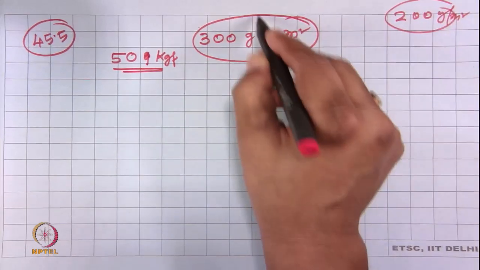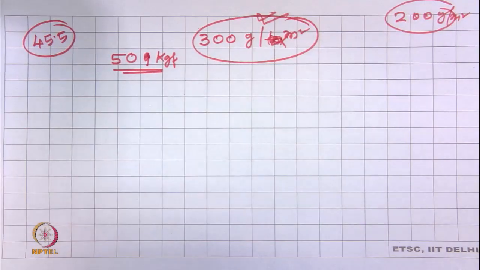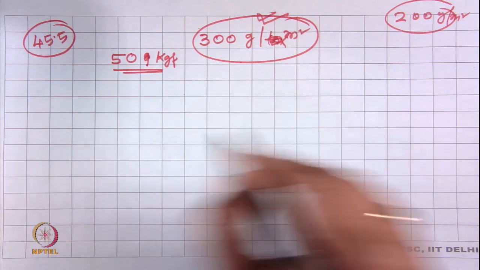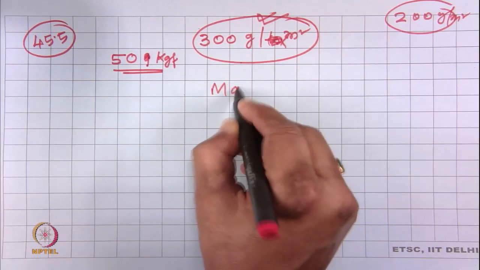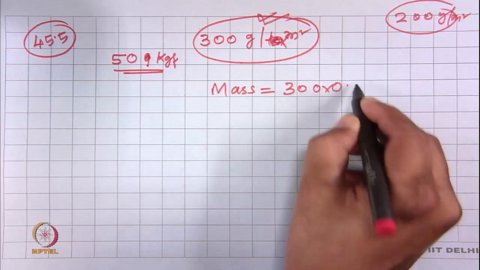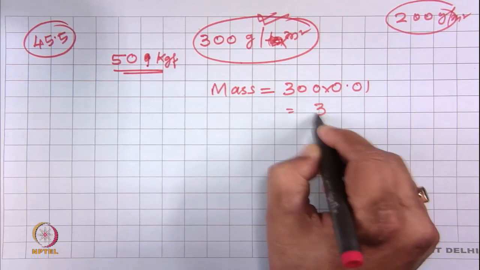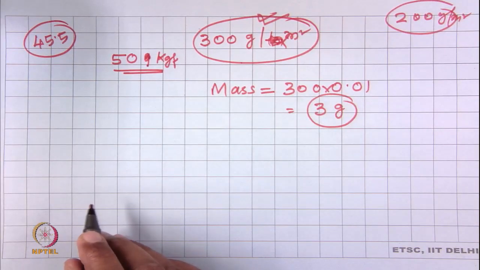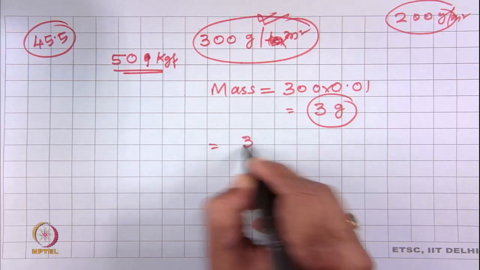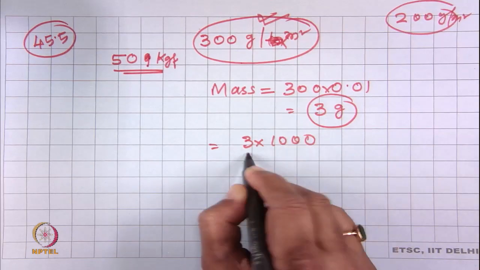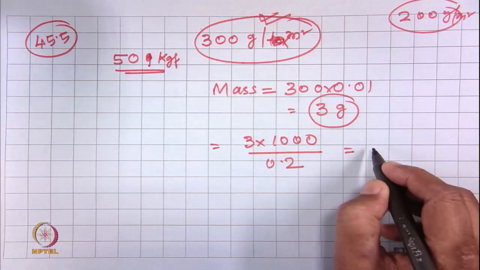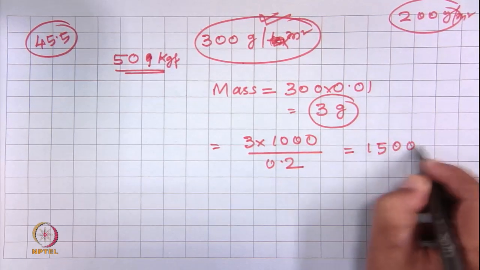So, if we keep all other things constant, the mass of the fabric will be 300 multiplied by 0.01, it is becoming 3 gram, and what will be the Tex? 3 multiplied by 1000 by 0.2, that means it will become 15,000 Tex.